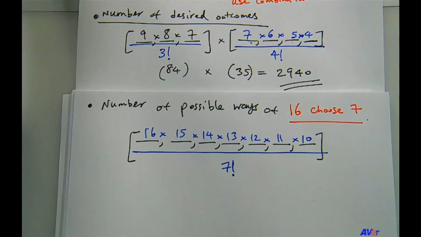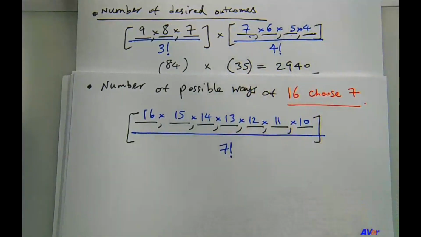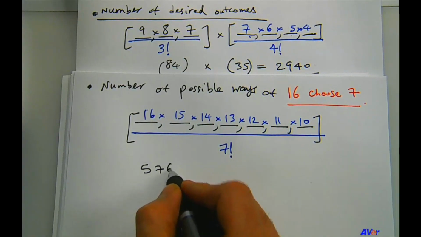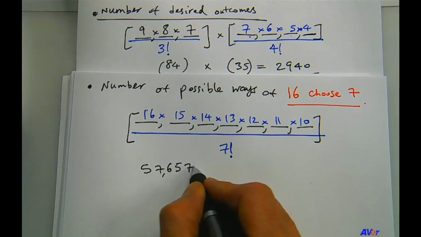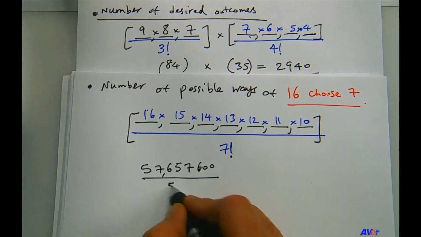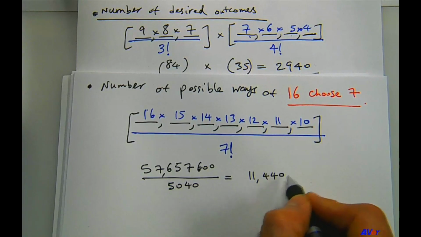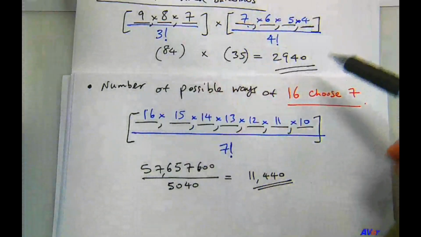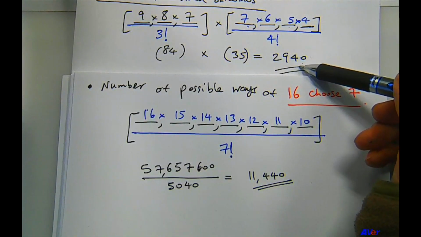And then that number, according to what I have here, so I ended up getting this number for the numerator. So it is 57,657,600 divided by 5,040, and that is 11,440.